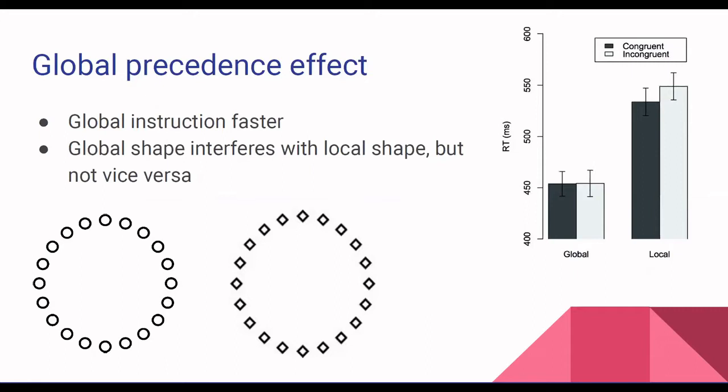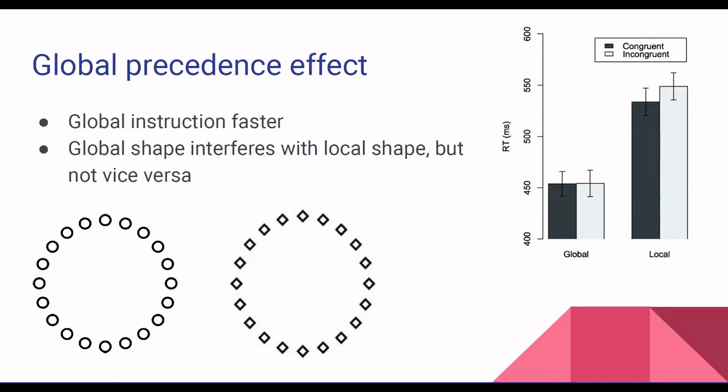The first thing we can see is that there is a significant difference between responses for the global level in comparison with the local level, and that the global responses are much faster. This is called the global precedence effect or global advantage effect.